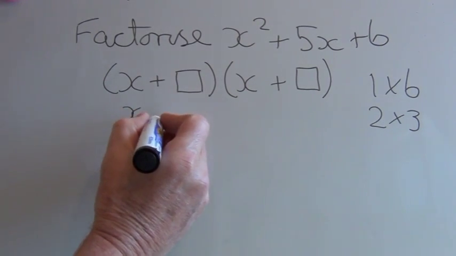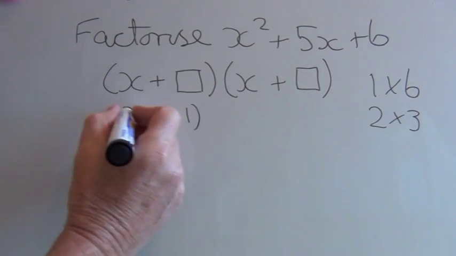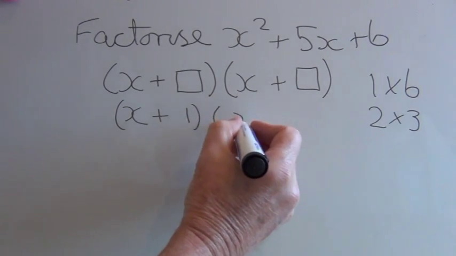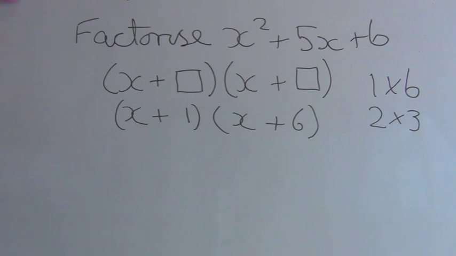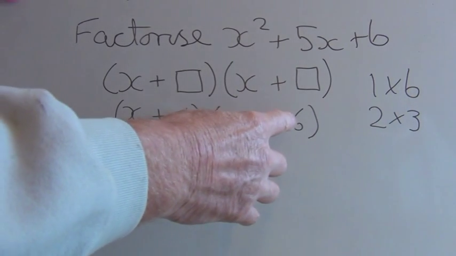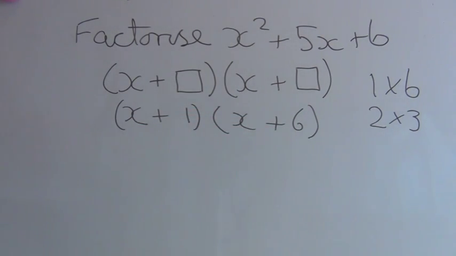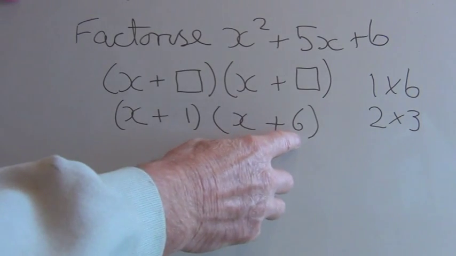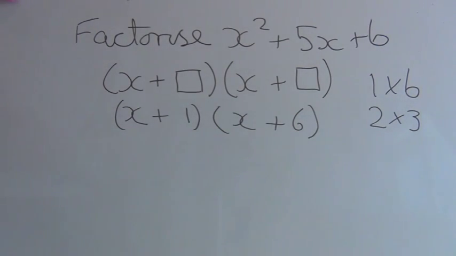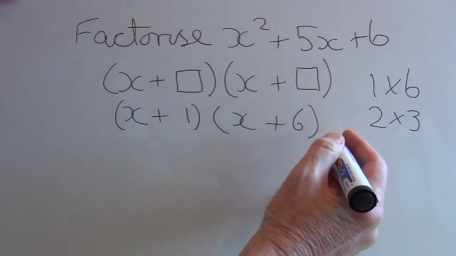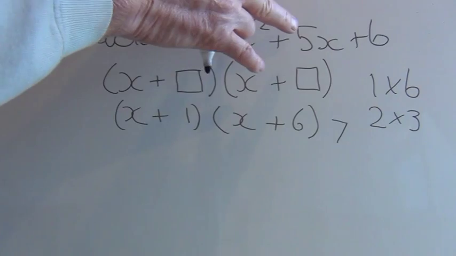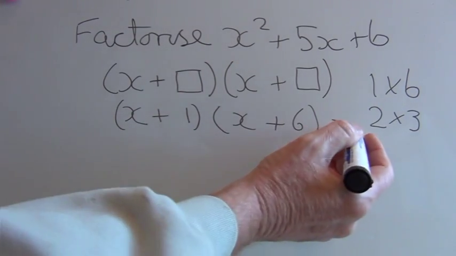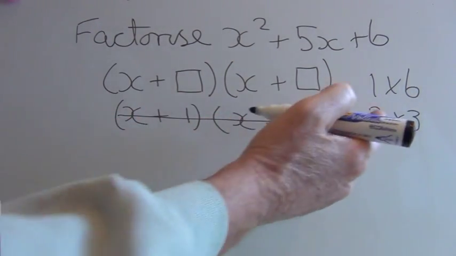So we say x plus 1 and x plus 6. Now, the coefficient of x in this case is going to be 7. So we have 1 times x and 6 times x. So we know that the coefficient we need is 5. So that one is no good.